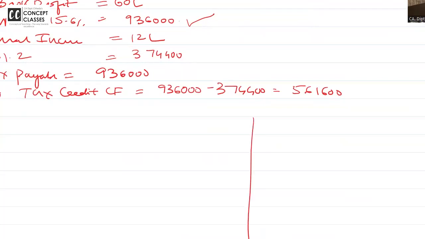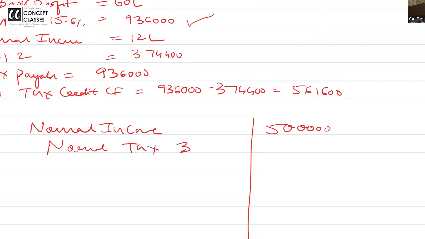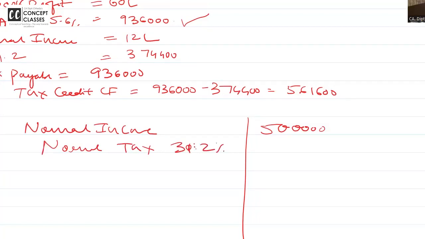Particulars and amount. I'll go step by step. What is your normal income? Normal income is 5 lakh. On that, normal tax 31.2% is coming to 1,56,000.